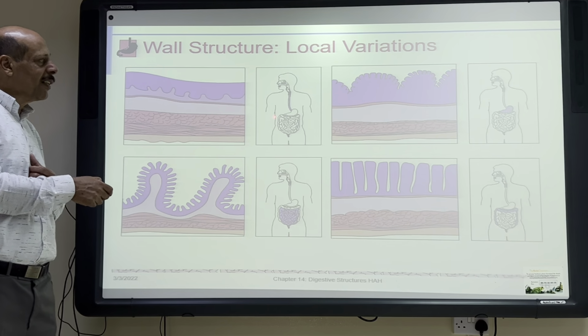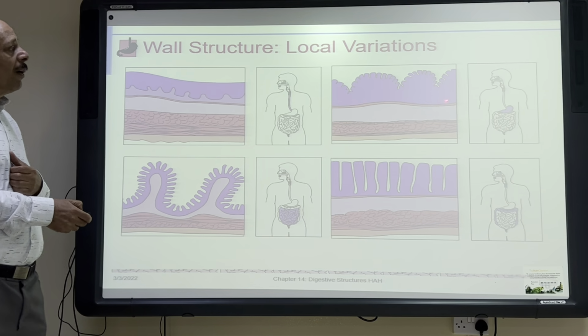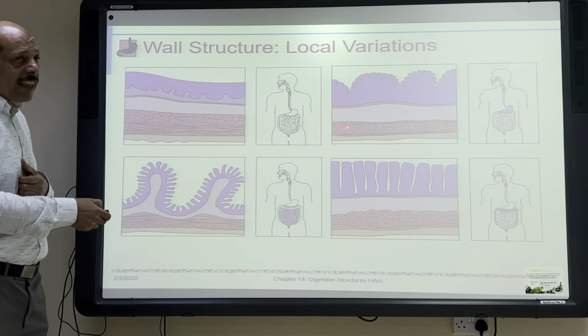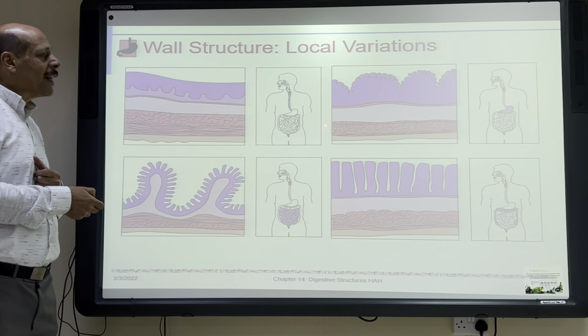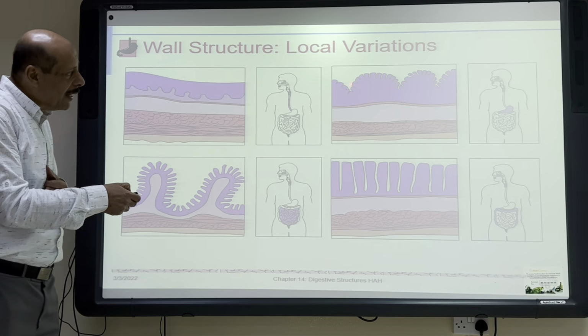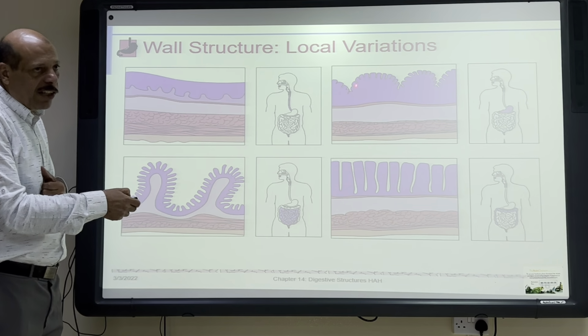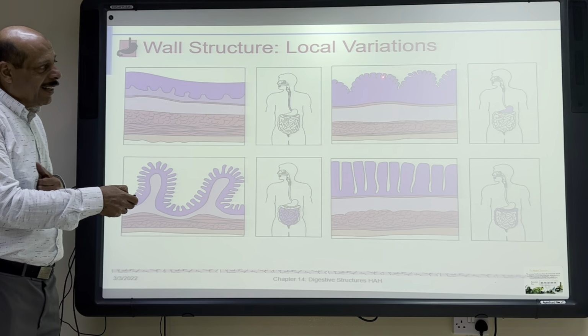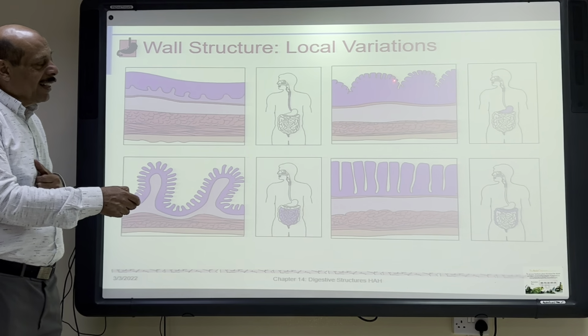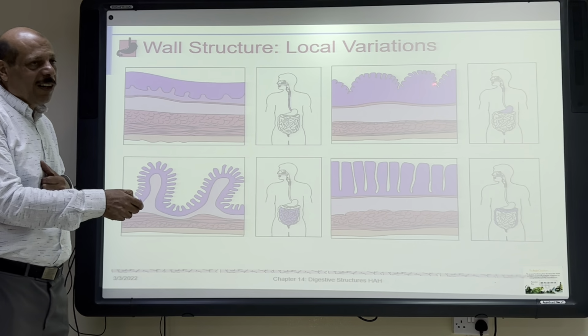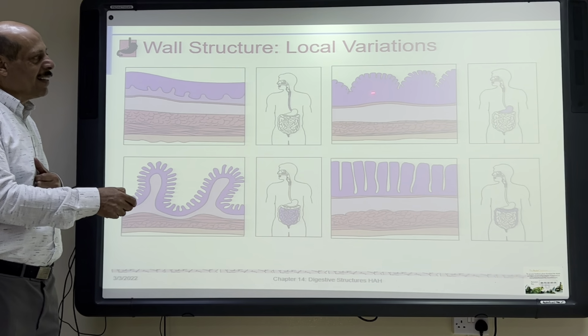There is no digestion there. Or it is a very thick, strong muscular layer. See here the mucosal layer, how thick it is, and how the structure of the mucosal layer is.